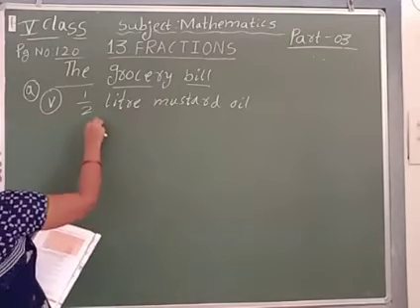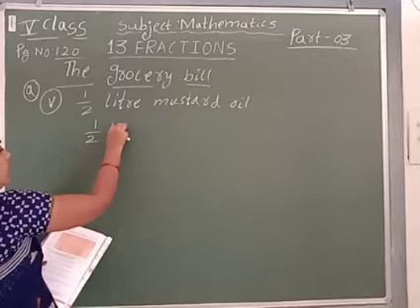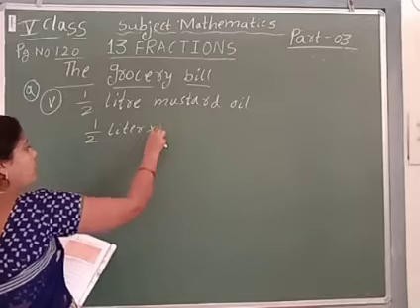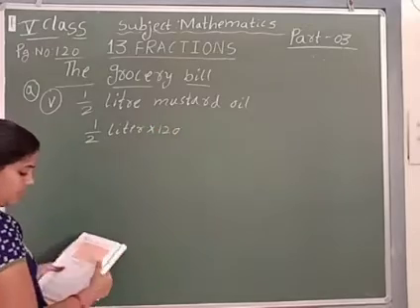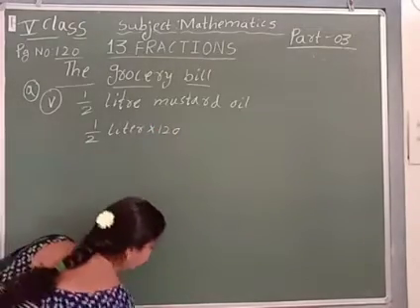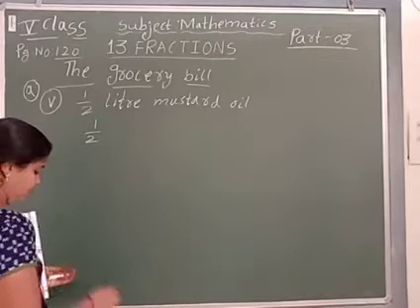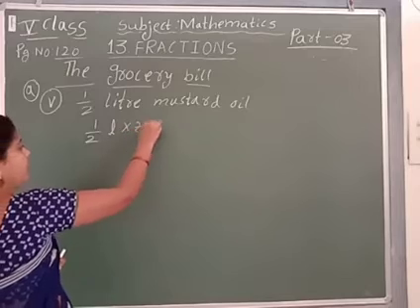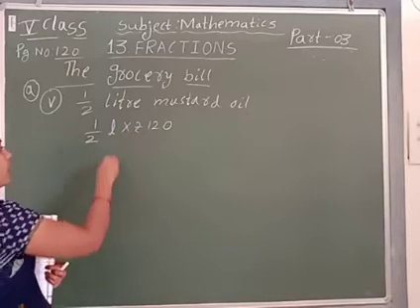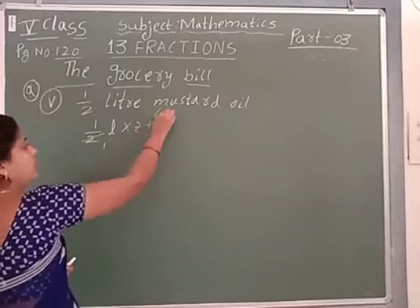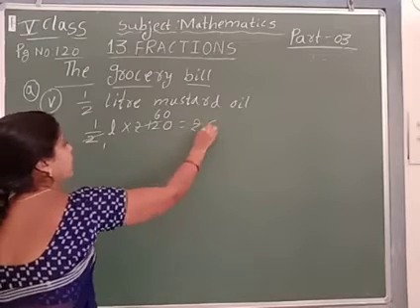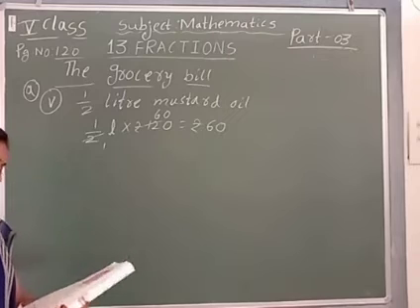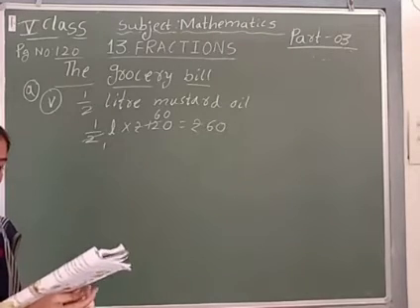See here, half liter into 120. Don't get confused. Half liter into 120 rupees: 2 1s are 2, 2 6s are 12, so 60 rupees. Therefore, 60 rupees is the cost of half liter mustard oil.